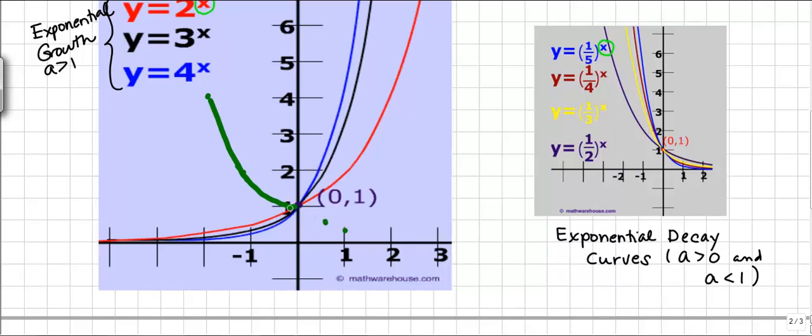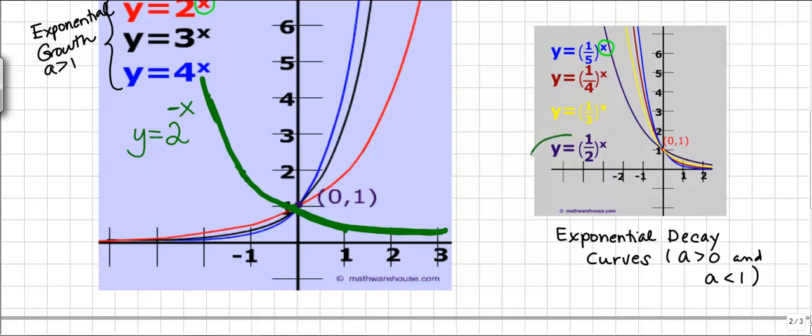Sorry for the messy graph. What I did was reflect the exponential growth curve, 2 to the x, about the y-axis. In our graphing technique world, that means every x is replaced with negative x.